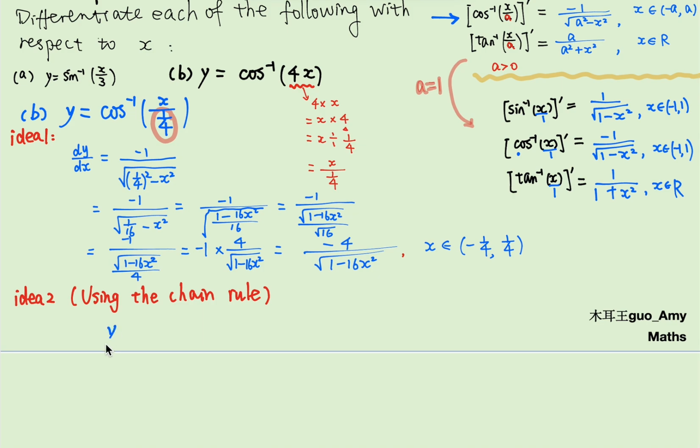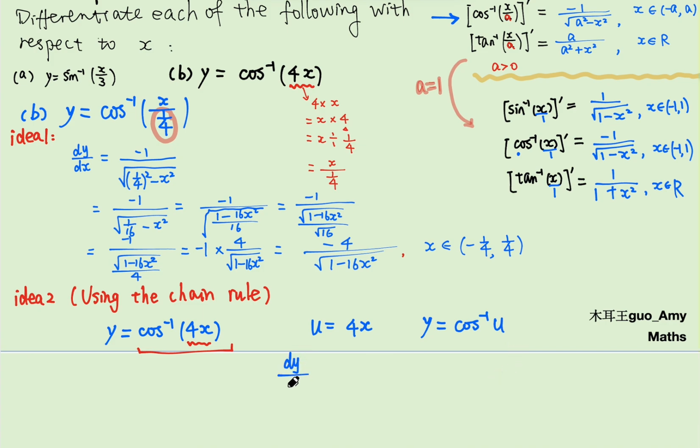Since y equals inverse cosine 4x can be considered as a composite function, where the inner function is 4x and the outer function is the inverse cosine. Let u be 4x, and then y equals inverse cosine u.